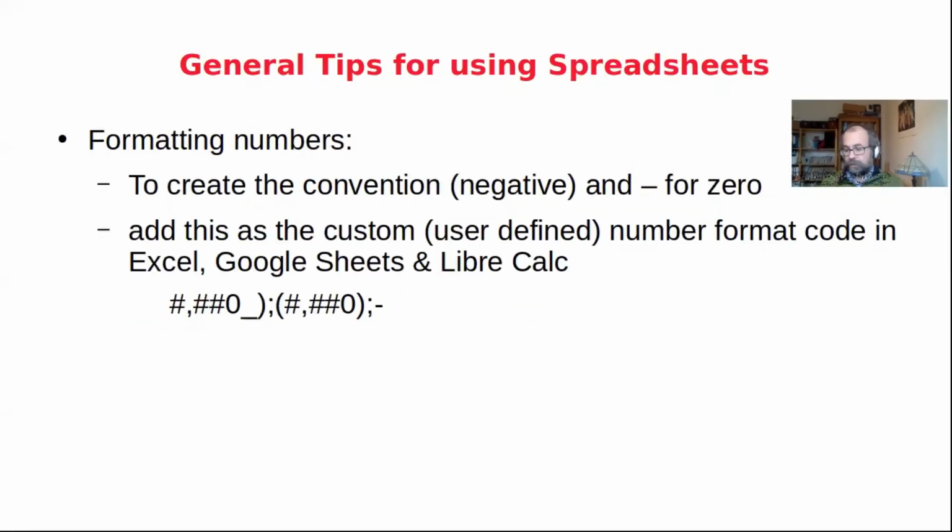To create this convention, there is a standard number format that you should be using, which is definitely the case in Excel, Google Sheets, LibreCalc, and probably Numbers, but I don't know about Numbers.